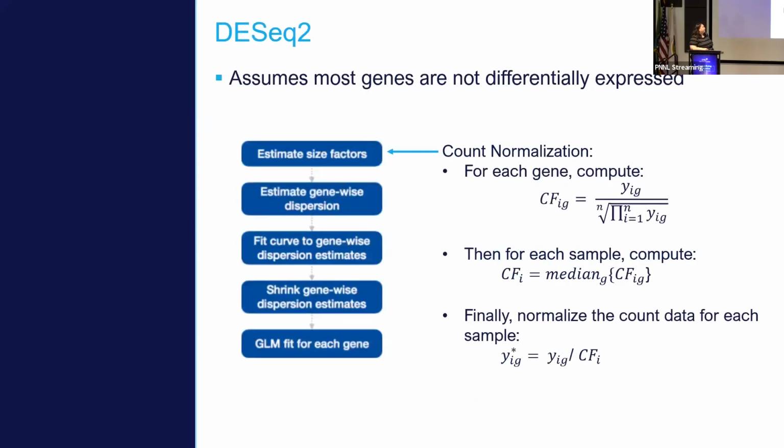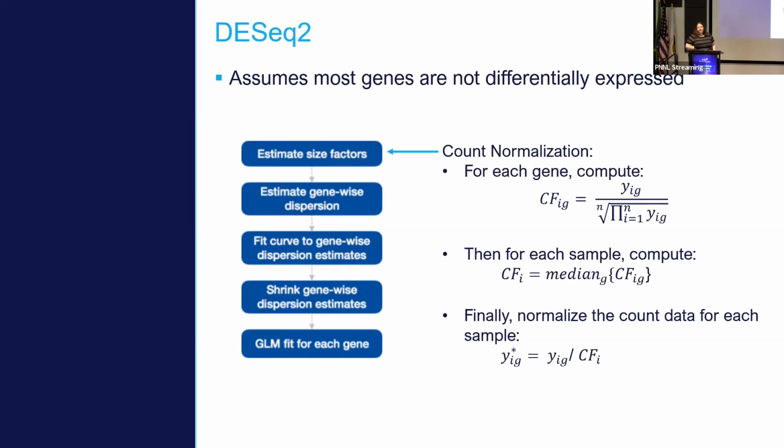So let's just briefly talk about what happens. I'm going to go through this with how DESeq2 works. We will not get into the full mathematical details, but the key steps, and then I'll tell you how EdgeR differs. So DESeq2, the key thing to keep in mind, the assumption is that most of your genes are not going to be differentially expressed.